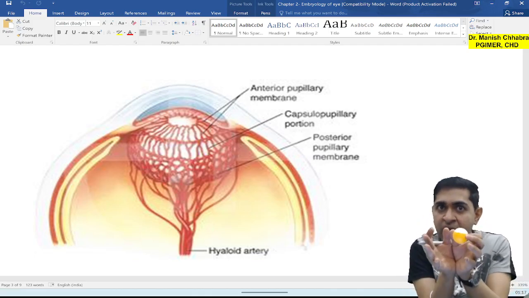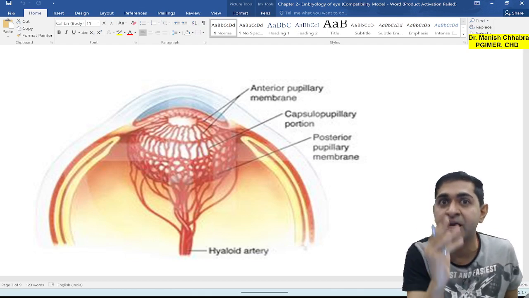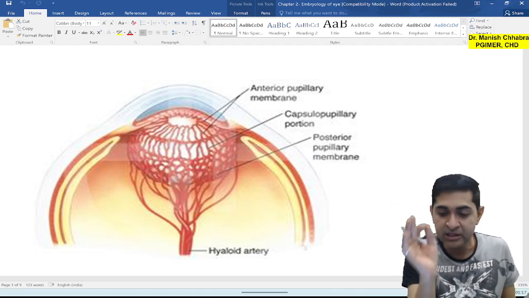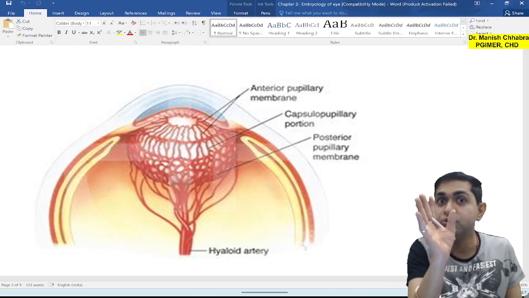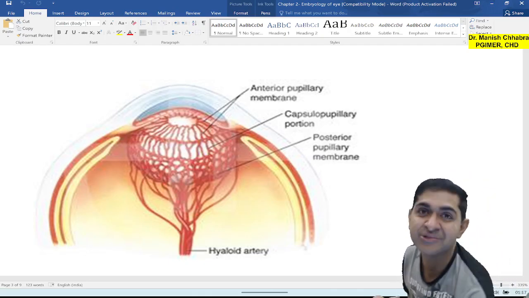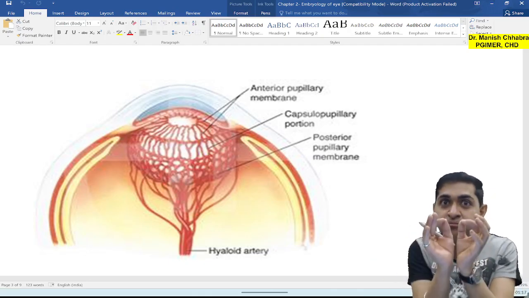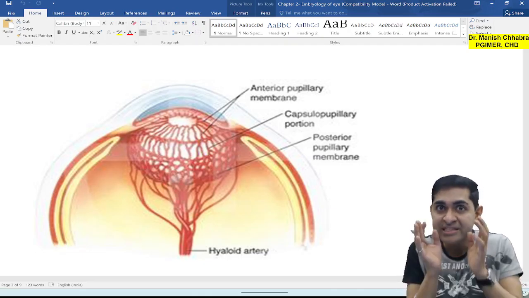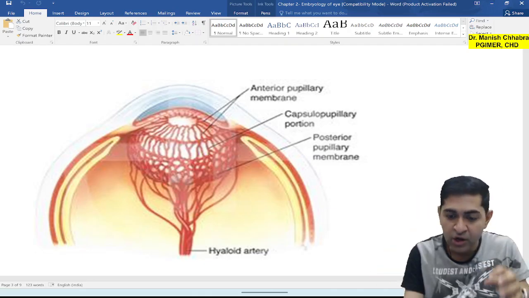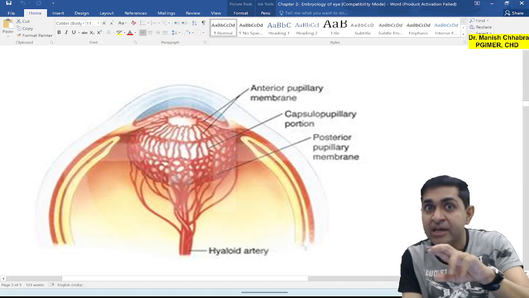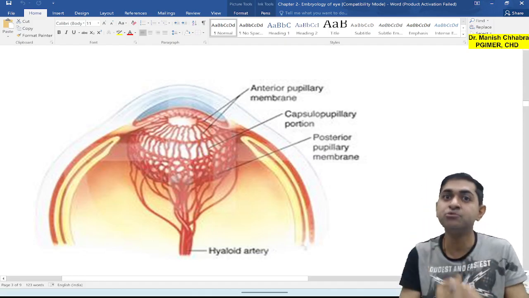Now this hyaloid artery further forms three branches. As you can see in the image, there is posterior pupillary membrane. Oops, the ball fell. Posterior pupillary membrane. Second is capsulopupillary portion, and third is anterior pupillary membrane.